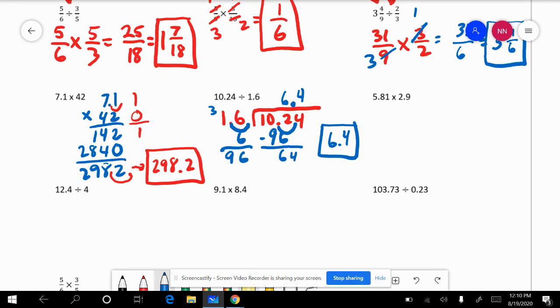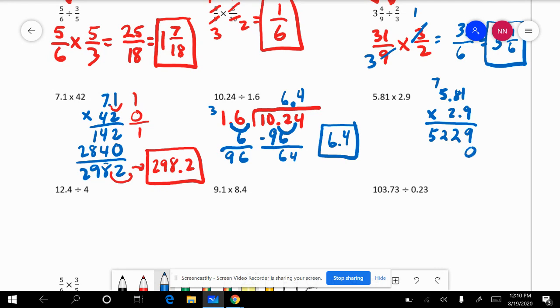Now, we're going to be looking at multiplication. So we have the 5.81, and we're going to times the 2.9. Remember, we're not lining up the decimals. That's only with adding and subtracting. 9 times 1 is 9. 9 times 8 is 72. 9 times 5 is 45, plus 7 is 52.